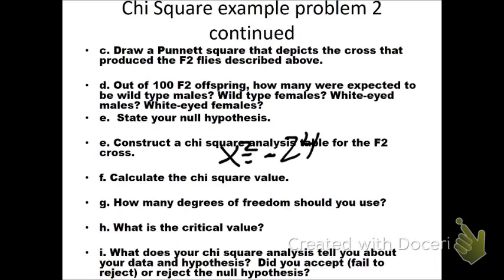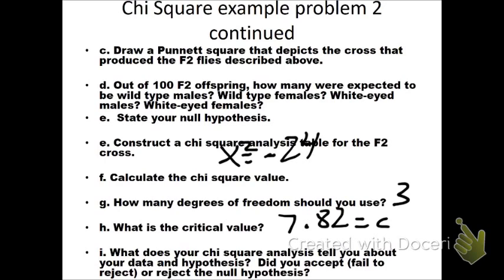Our degrees of freedom was our number of types of flies, or phenotypes, minus 1. So we had 4 groups, minus 1 gave us a degrees of freedom of 3. Our critical value from our chart was 7.82.